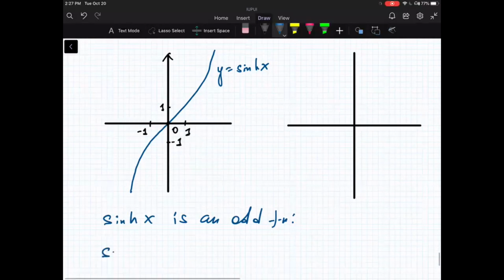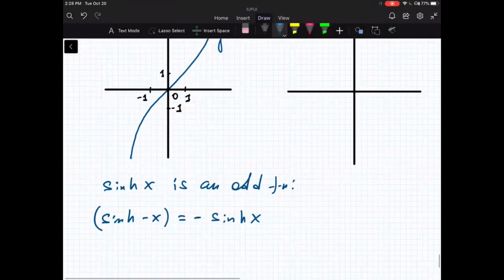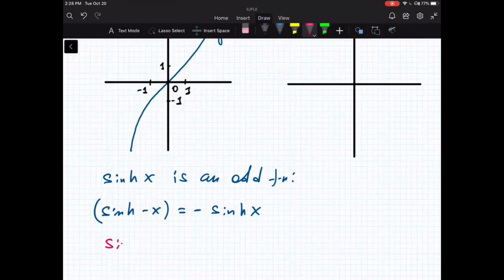That means that hyperbolic sine of minus x is equal to minus hyperbolic sine of x, which is similar to the property of regular sine.